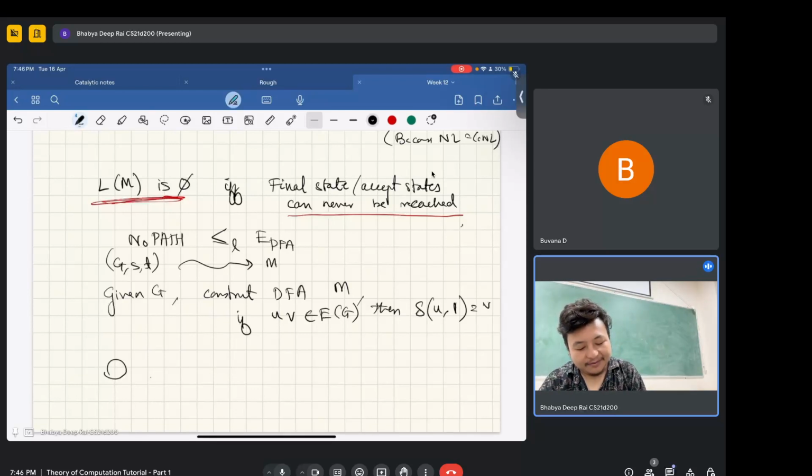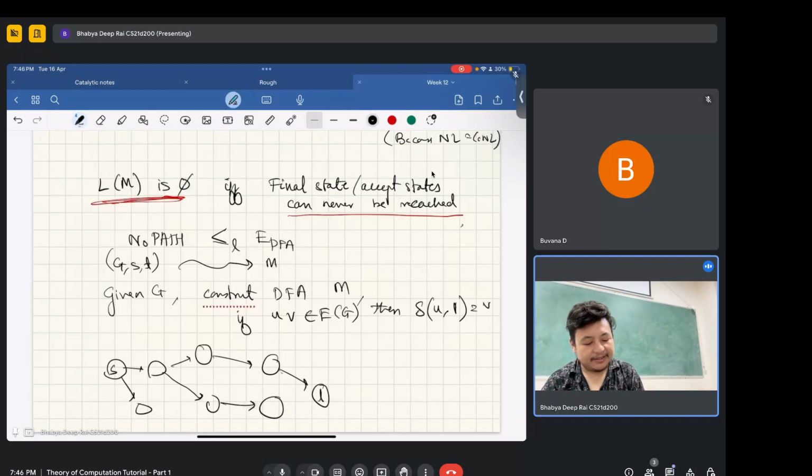For example, if you have a graph like this as the given graph, and here is S, here is T, I consider it as a DFA and make S the start state and make T the final state.